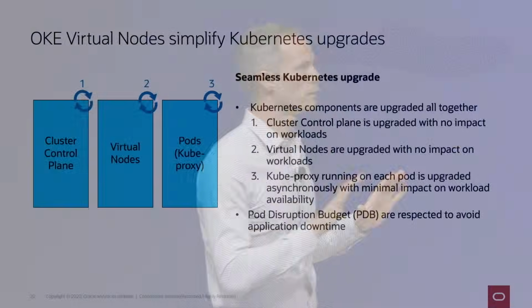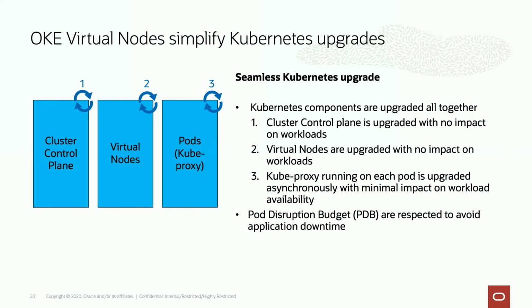Now, upgrades are made seamless. Today, the upgrade of the control plane is easy, right? You just do an API call or click on the console, and the control plane of the cluster is upgraded without any impact on the workloads.